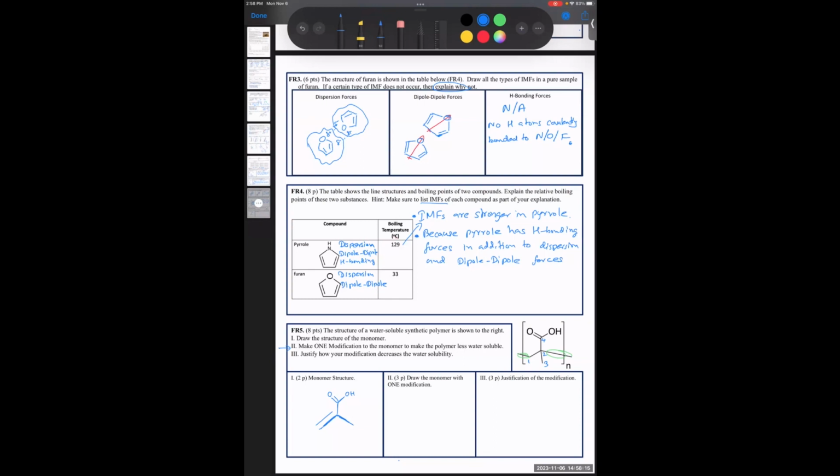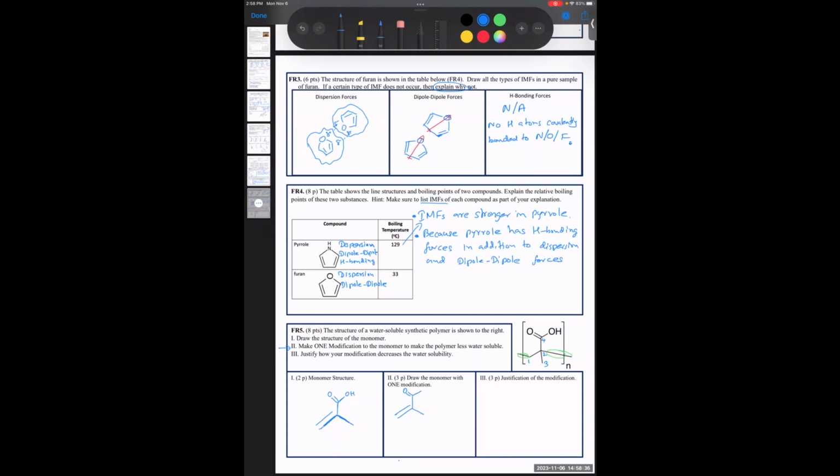I'm going to draw all this the same, and then I'm going to draw this one fine. Then instead of drawing the OH, I'm going to replace that with the CH3 group, which is non-polar.